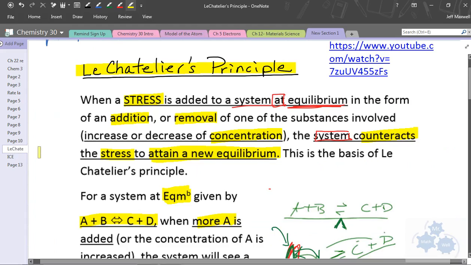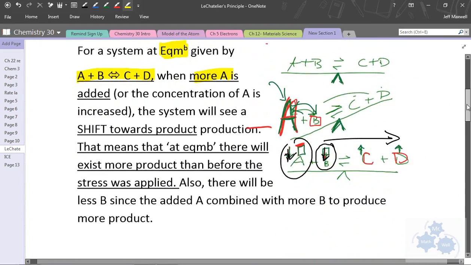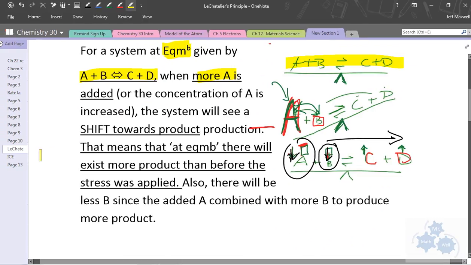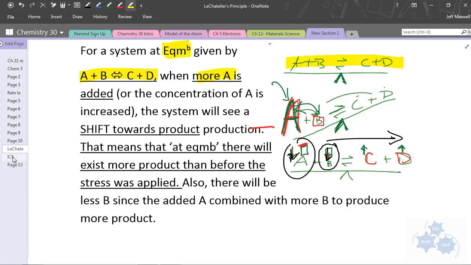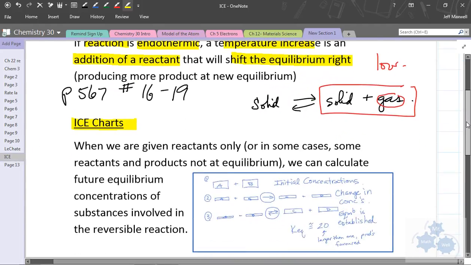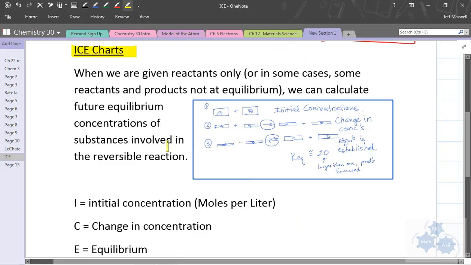When we've talked about Le Chatelier's principle, we're talking about systems that are already at equilibrium. So you've got A, B, C, and D, and they're at equilibrium already. The questions that this method is going to help us understand are about before equilibrium is reached.